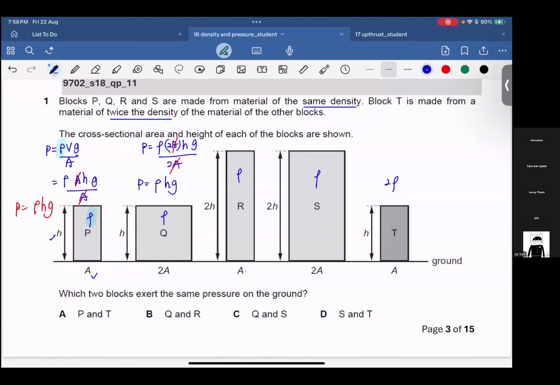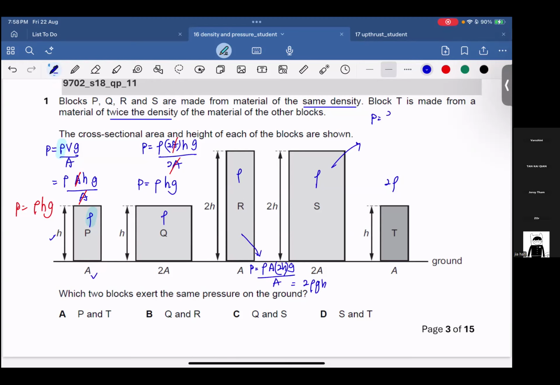There is no space for me to write here. P equals ρ, the area, h is 2h, g divided by area. So this one will get 2ρgh. How about this one?